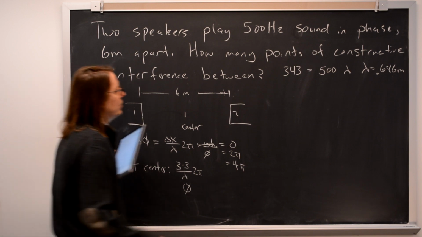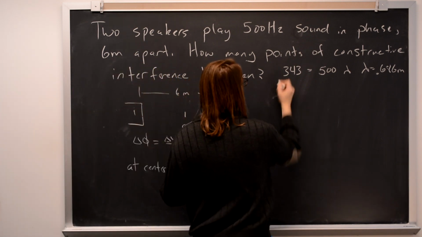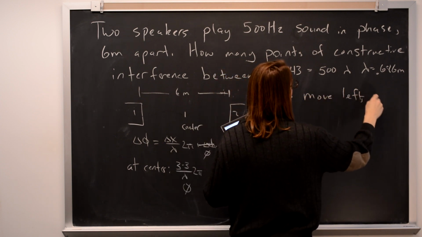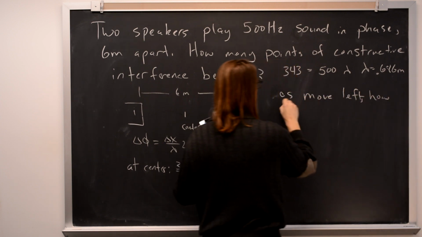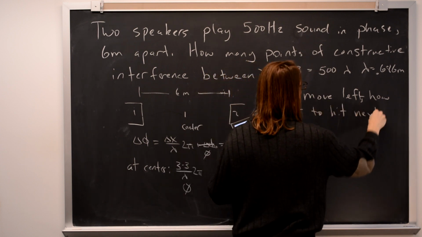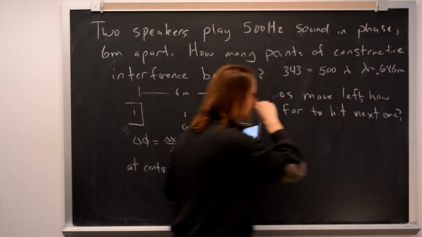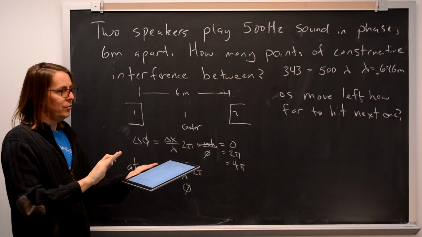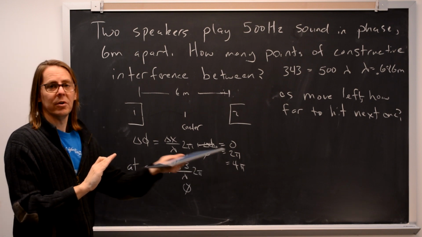Okay. So as you move, let's say left, how far to hit another one? And this is where we went wrong. As we said, well, in interference, you always move a wave. You move one lambda, you get to the next one.